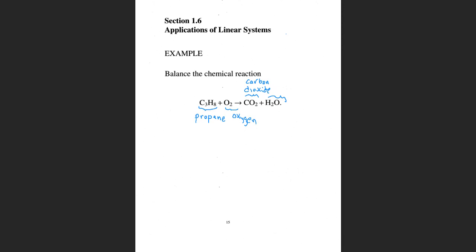You should know that. That's water, right. So the question is, we want to balance the equation. We need to figure out what amounts of these reactants are needed and what amounts are going to be produced.